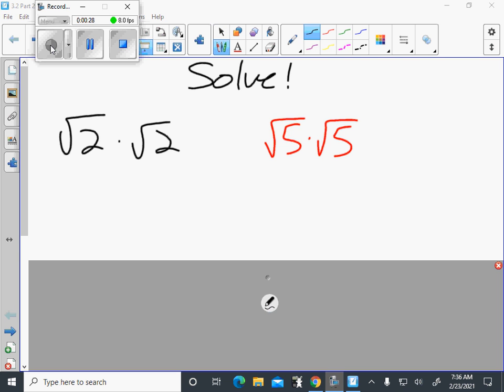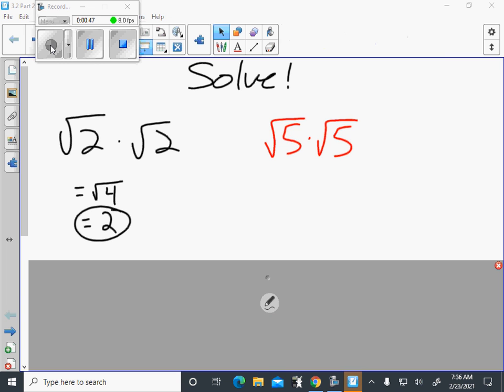Well, if you can't, the square root of 2 times the square root of 2 is equal to the square root of 4, right? 2 times 2, that's 4, stays in the square root. And what's the square root of 4? 2. So the square root of 2 times the square root of 2 is 2.